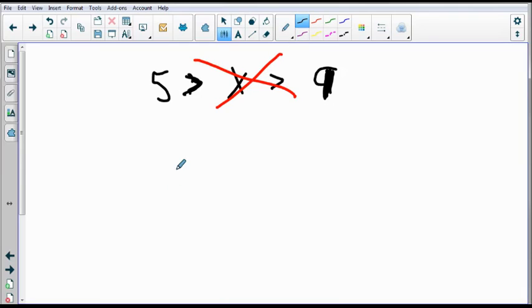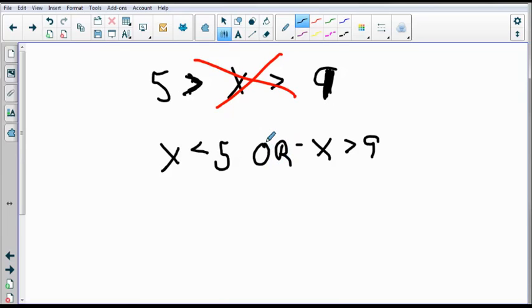Instead, they'll write it like this: x is less than 5, just like it says up here, and then they'll say or. Remember, there was an and? This one's an or. Or x is greater than 9. You'll see it written like that, and that's okay. Let's see here. So how do we graph that?